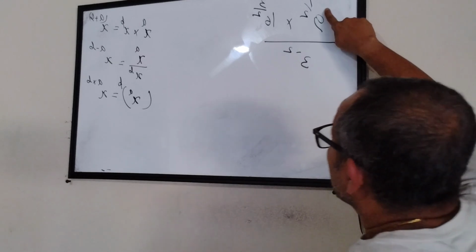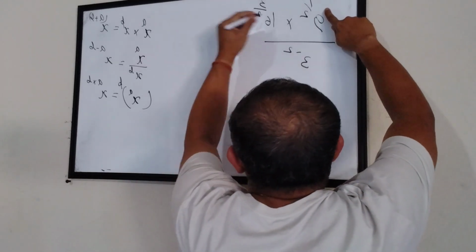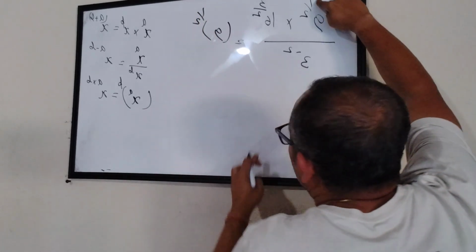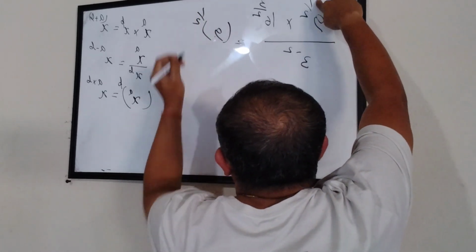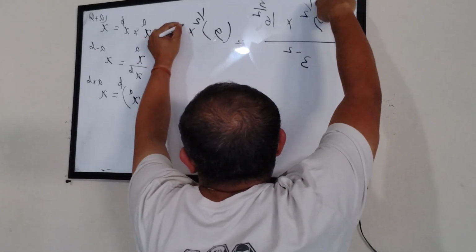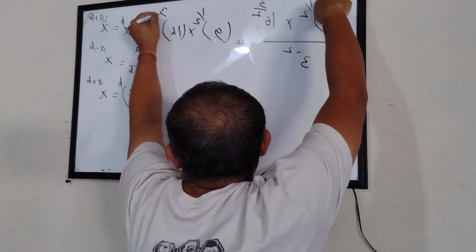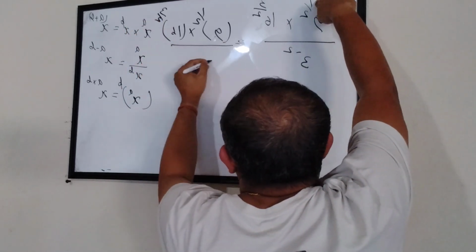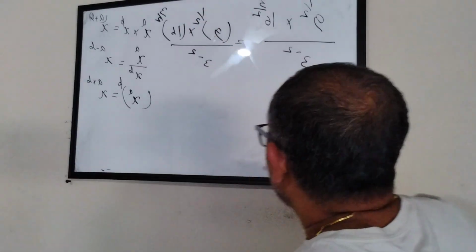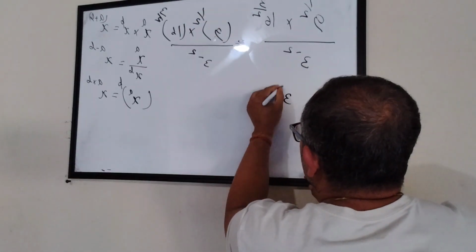This says 9 to the power 1 by 2. I'm putting 9 inside the bracket. I have not done any calculation, I'm just organizing myself. Divided by 3 to the power minus 2. Now, for 9 to the power 1 by 2, I can write 9 as 3 squared.